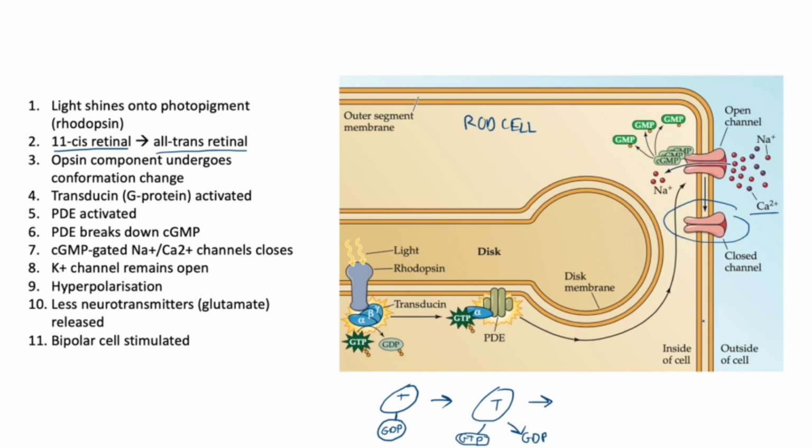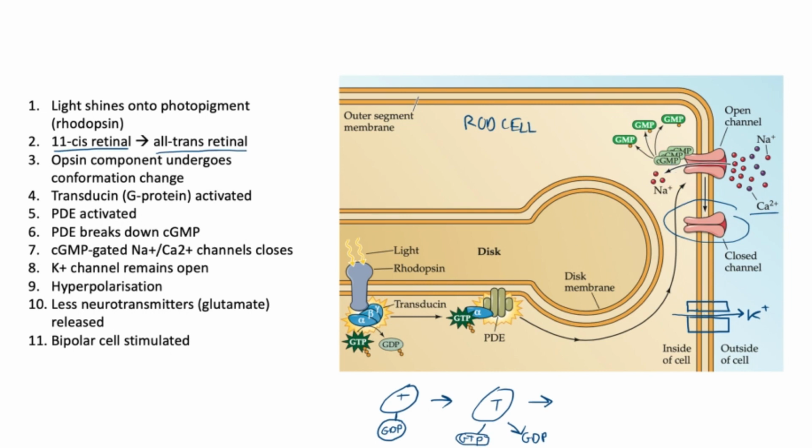Now, in this cell, which is not shown in this diagram, there are also potassium channels. These channels allow the efflux of potassium. The potassium channels are not affected by cGMP levels.